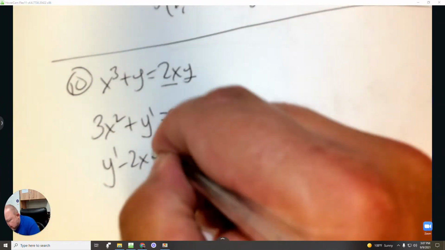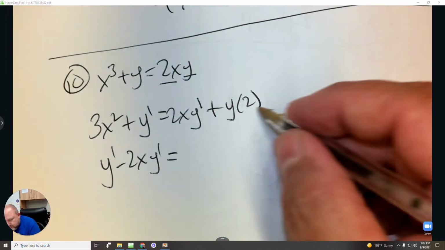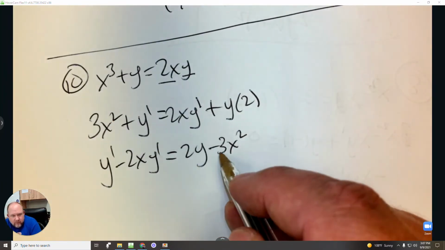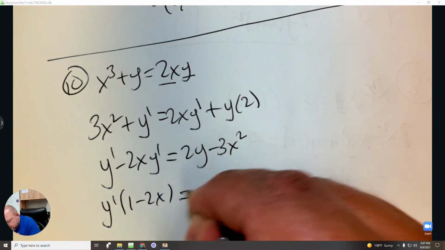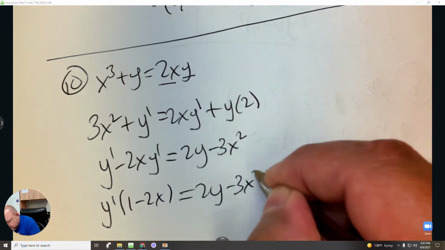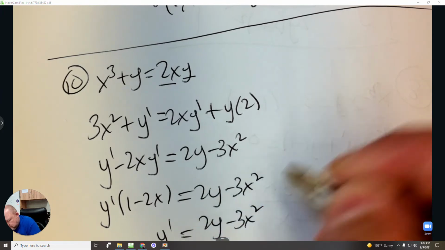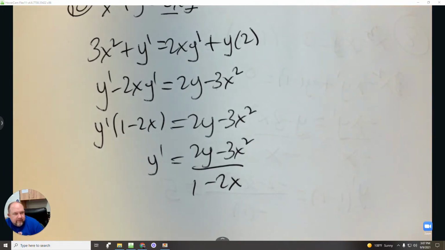Subtract 2xy prime so that those y primes are together. You have 2y, and you're going to subtract 3x squared, and then divide out the y prime. And then there's the derivative after you divide.